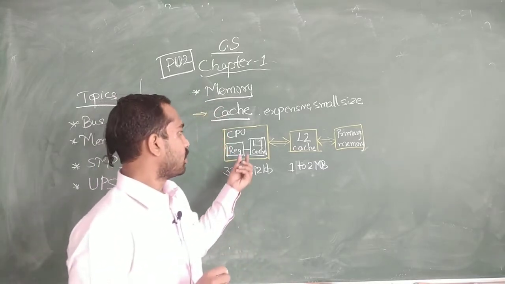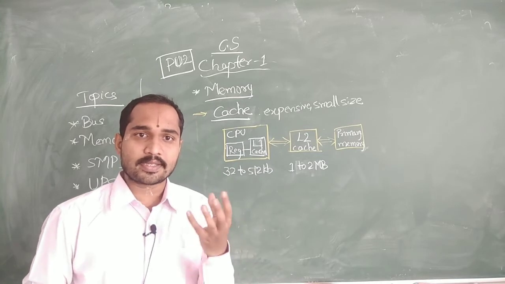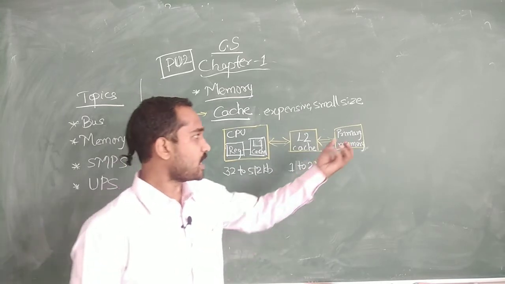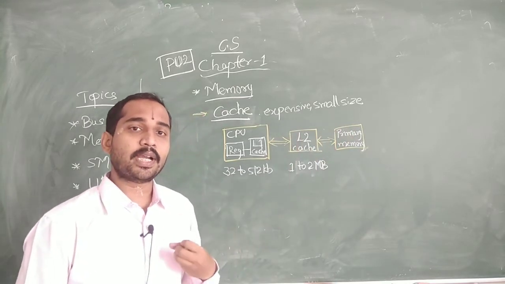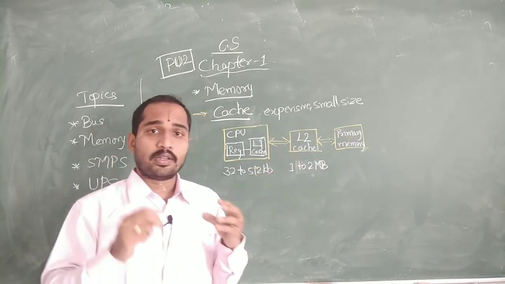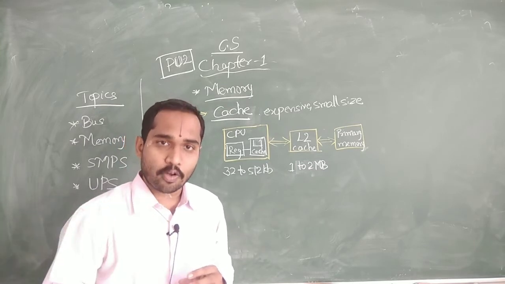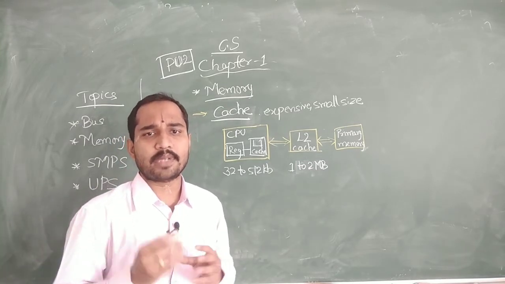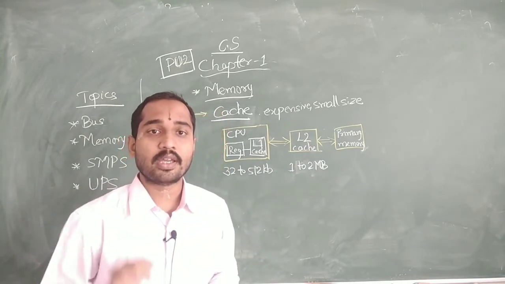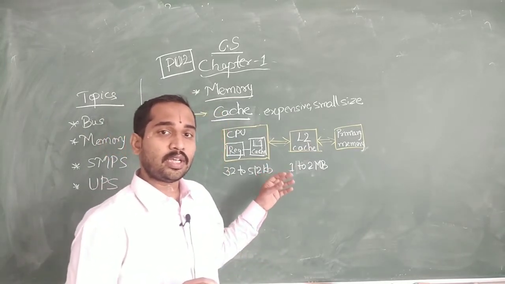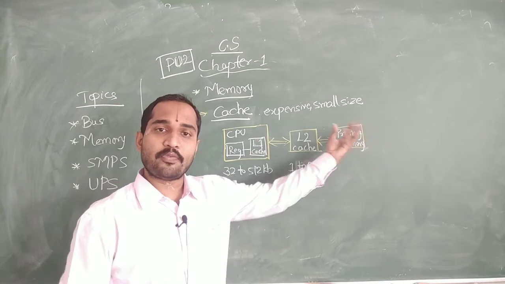Meaning when the CPU needs some data, it has to fetch from RAM or fetch from the primary memory, isn't it? But if some data is used more often, if you repeatedly use some data, such data will be stored in the cache memory. Okay, meaning you need not go to the primary memory and fetch the data.